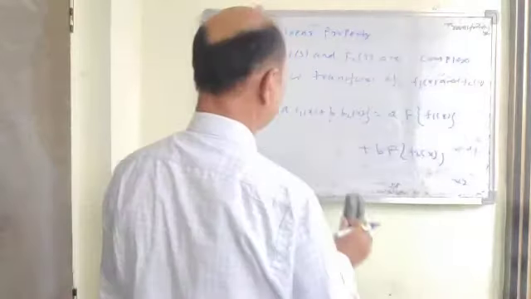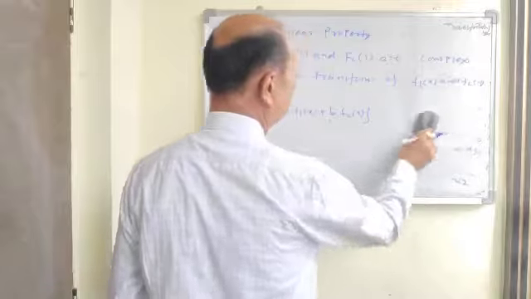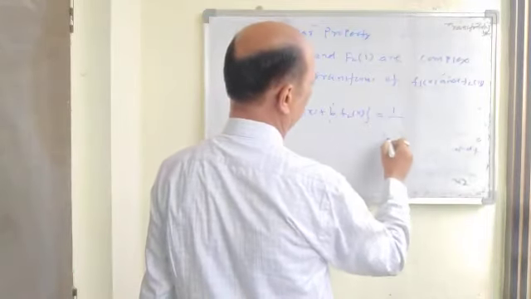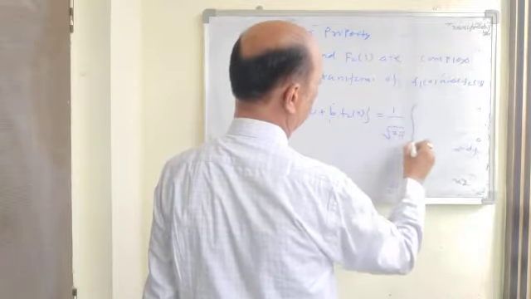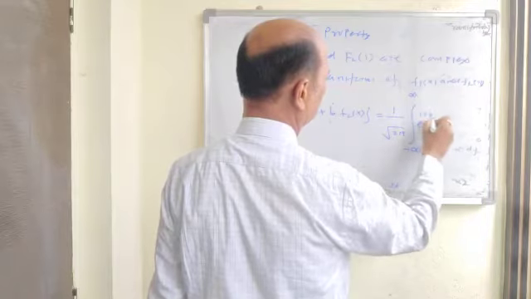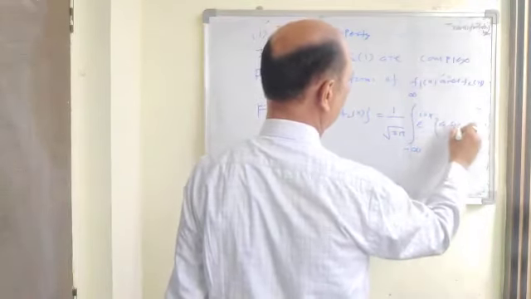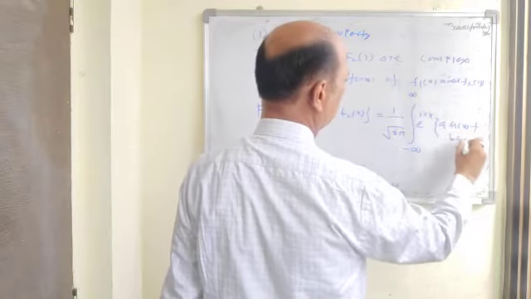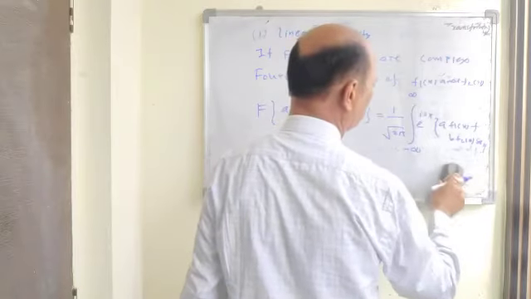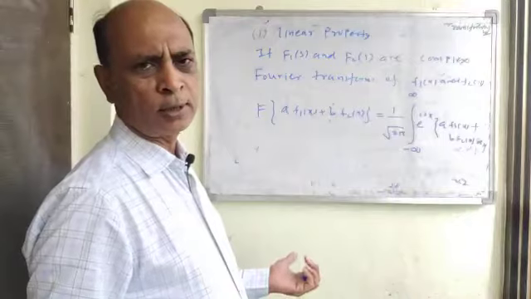Let us prove it in short. According to the definition of Fourier transform, this is equal to 1 upon root 2 pi integration from minus infinity to infinity e to the power isx into a f1 of x plus b f2 of x dx. We can separate these integrals by taking the constants out of the integral.